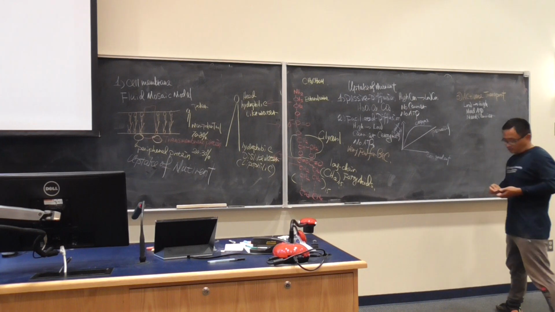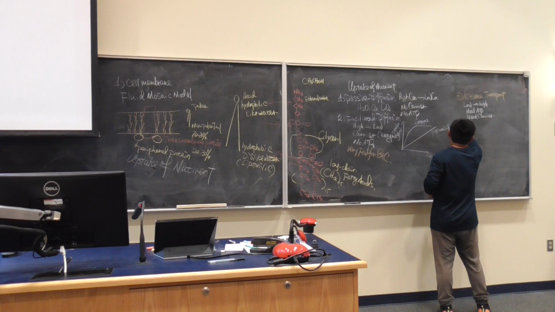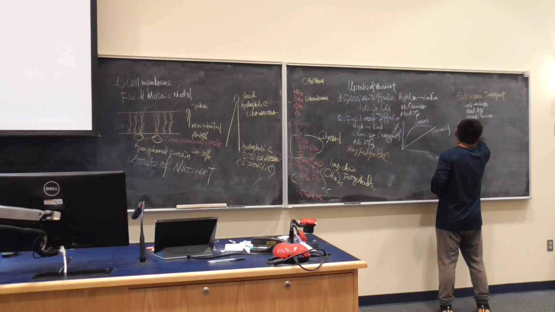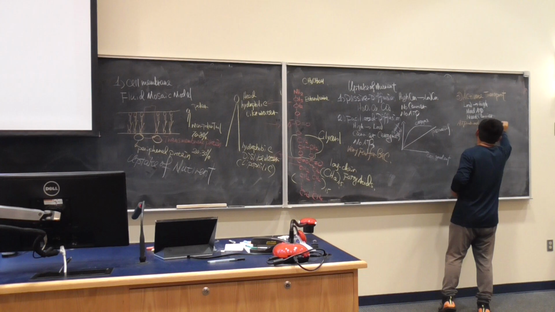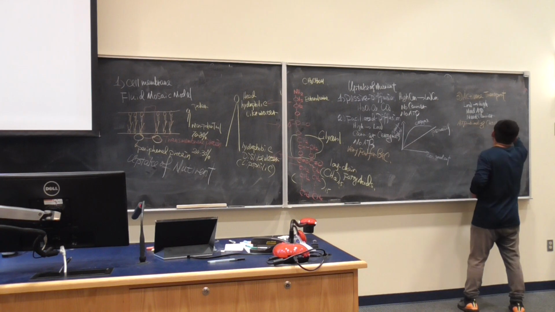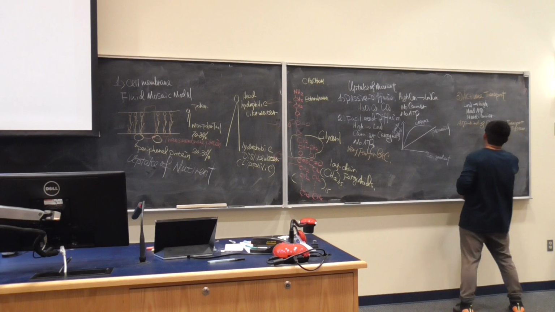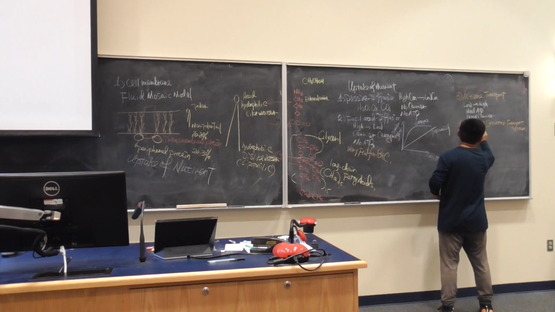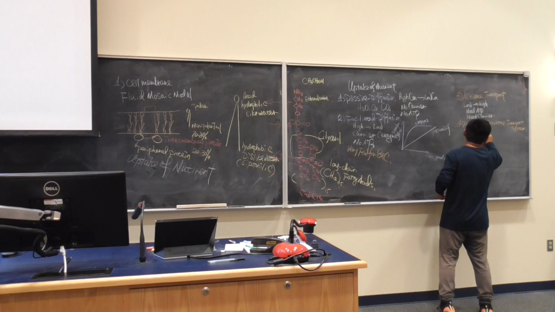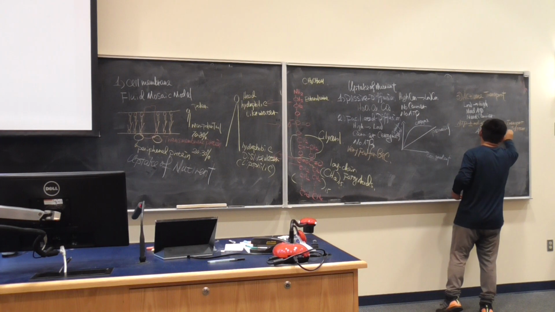The majority of the time the model is called the ATP binding cassette transport system, acronym ABC. So we call it the ABC transport system.